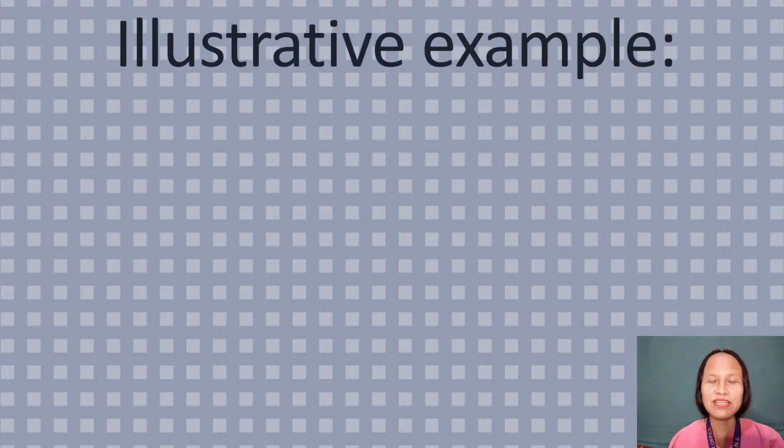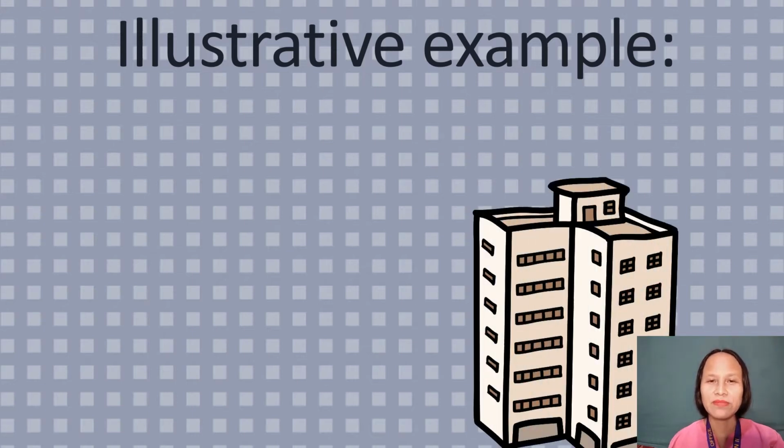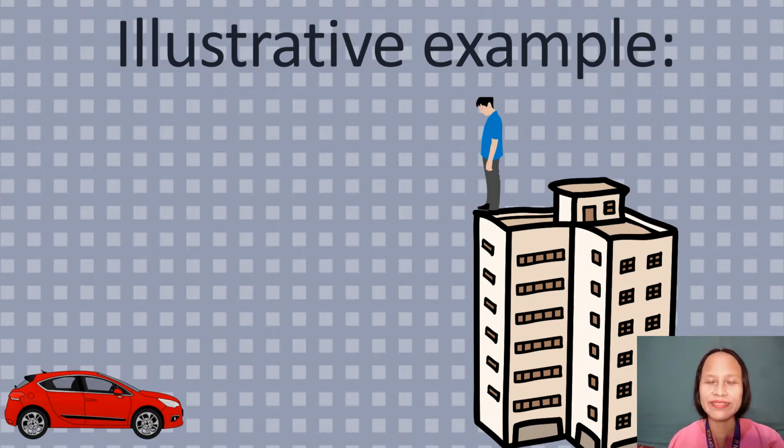To understand well about angle of elevation and angle of depression, let us consider this example. We have this building, and from the top of the building is an observer, and we have the object car.